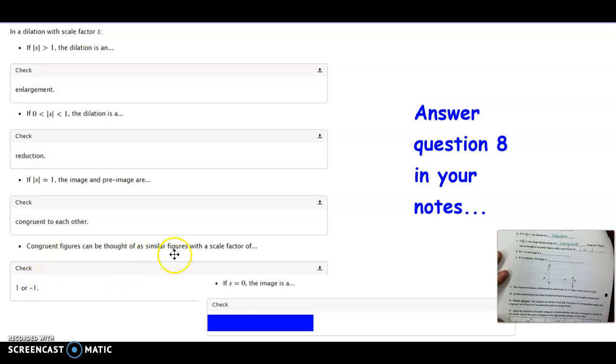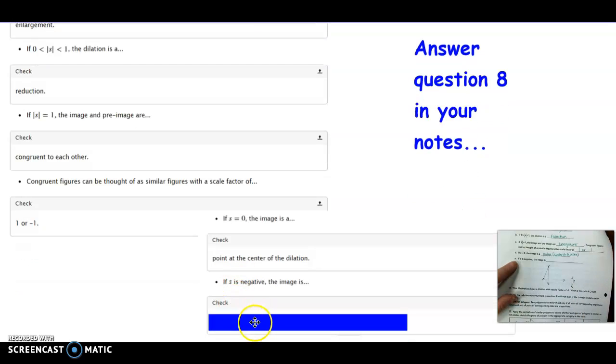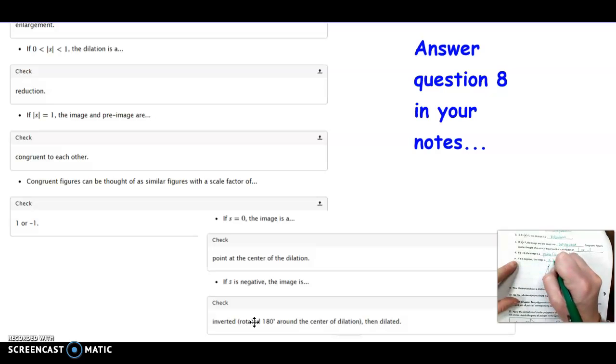If the scale factor is 0, then the image, remember, is a single point, and that point is your center of dilation. And finally, if S is negative, the image is a 180-degree rotation and dilated.